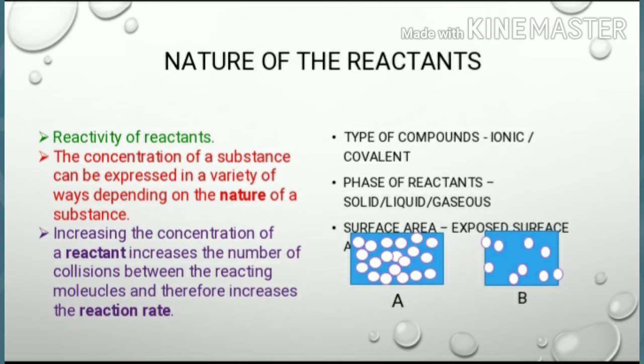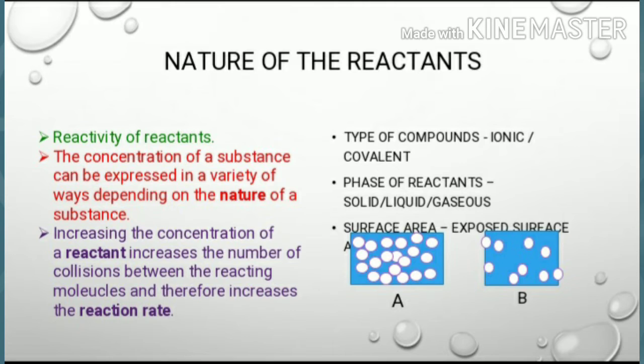Second, phase of reactants. We know that substances are found either in the form of solid, liquid or gas, and these forms also affect the rate of reaction. Reactants in solution or gas form react much more rapidly than solids. Why so?